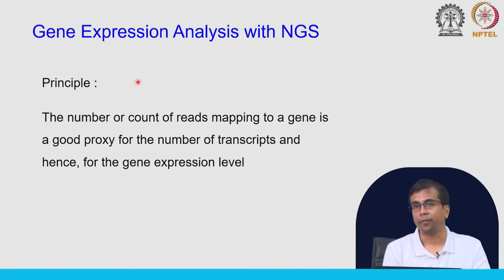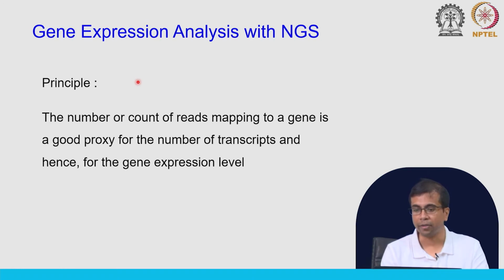In microarray it is the hybridization signal: the number of copies that hybridize generate some signal, and this signal is a good indicator of expression. In next generation sequencing or RNA sequencing, the count of reads mapping to each gene is the signal for the expression level.